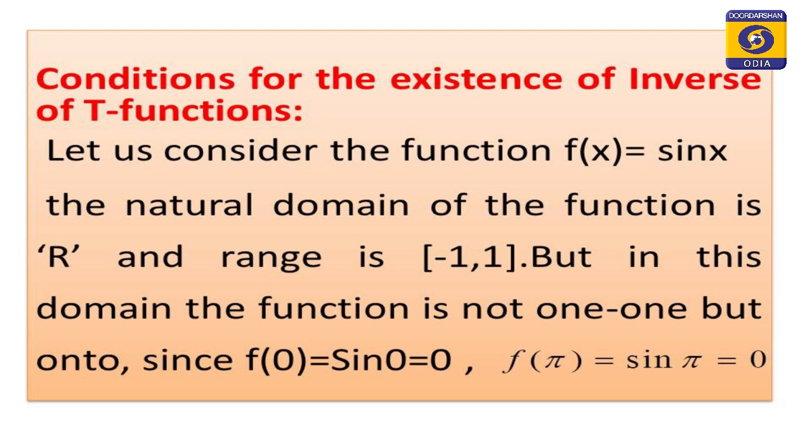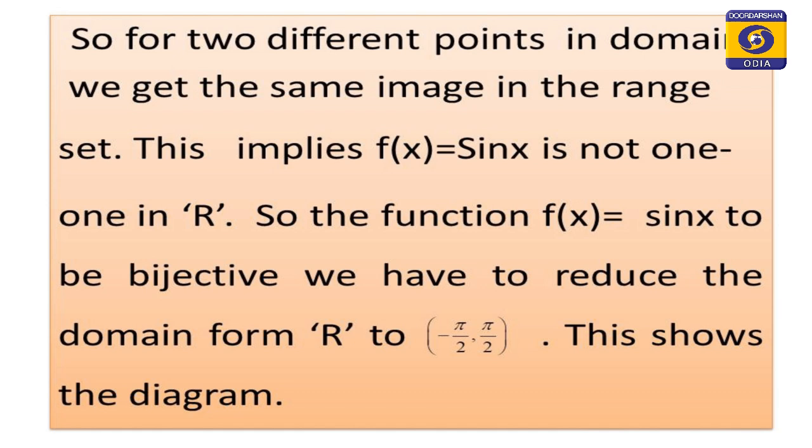But in this domain the function is not one-one, but onto. Since f(0), that is sin 0, is 0, and f(pi), sin pi, also equals 0. So, for different points in the domain set, we get the same image in the range set.